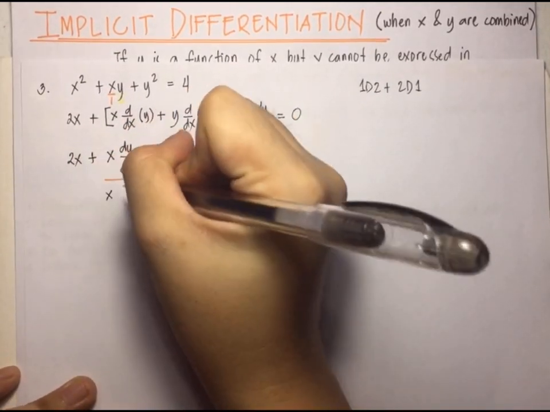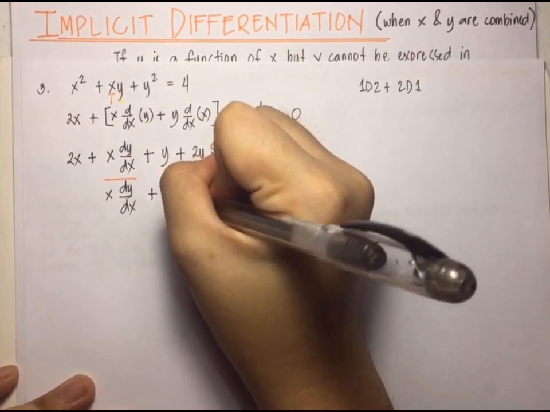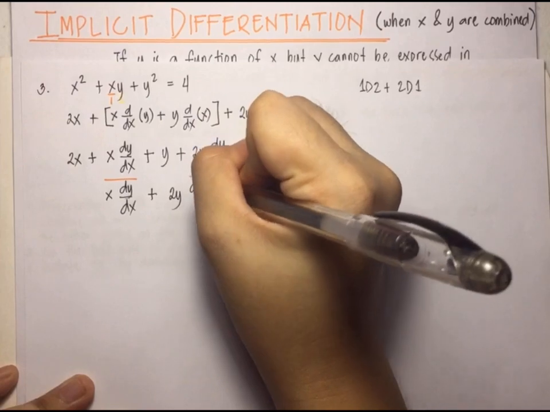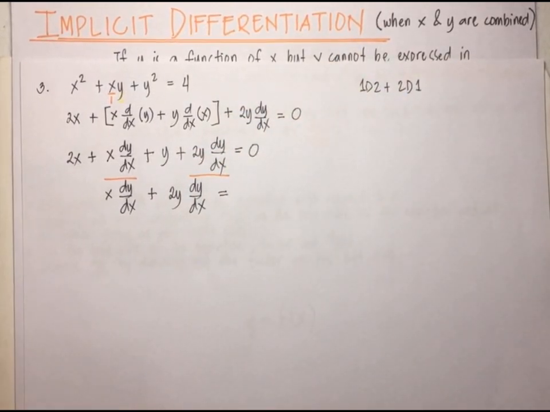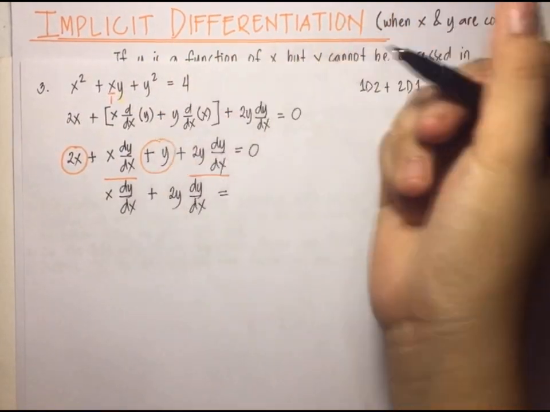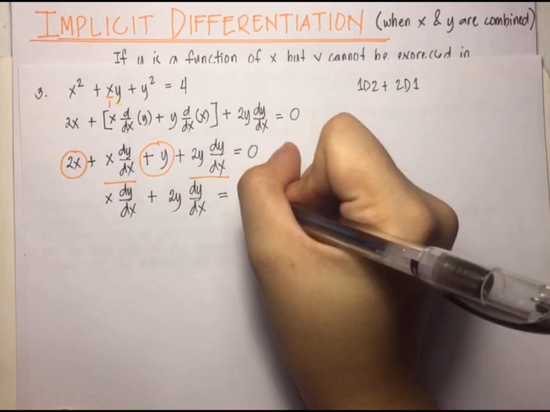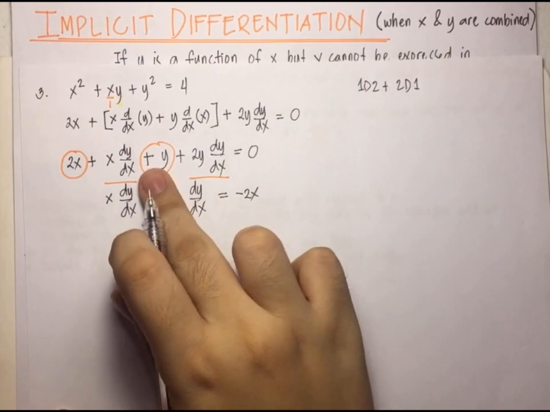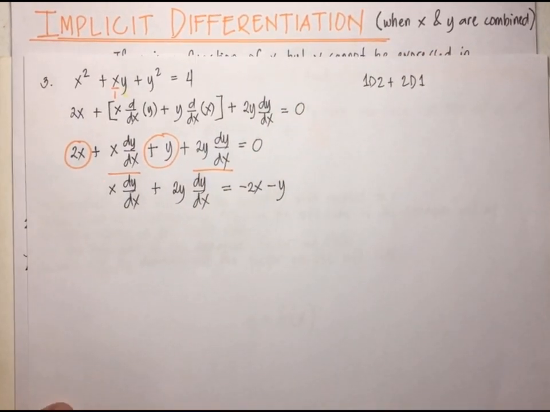So you just copy x times dy over dx plus 2y times dy over dx equals the terms 2x and y will be moved to the other side. So 2x will become negative 2x and positive y will become minus y.